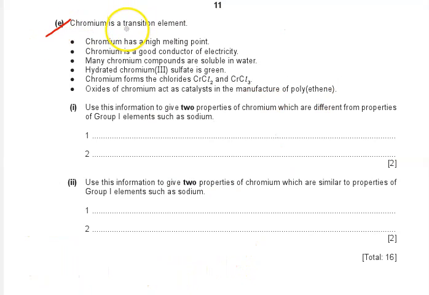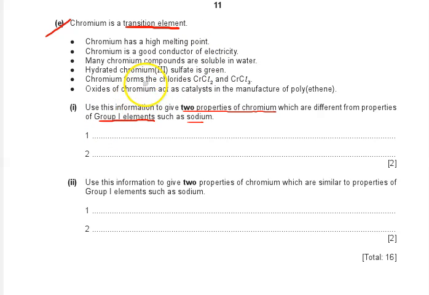Okay, chromium is a transition element, so it has all these properties. Use this information to give 2 properties of chromium which are different from properties of group 1 elements such as sodium. Let us go through one by one here.